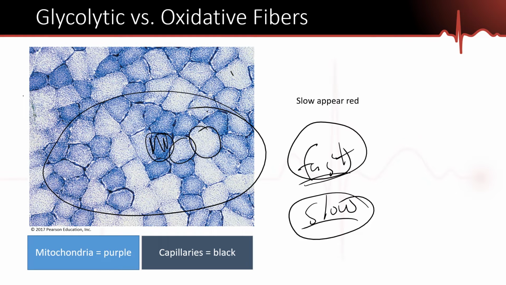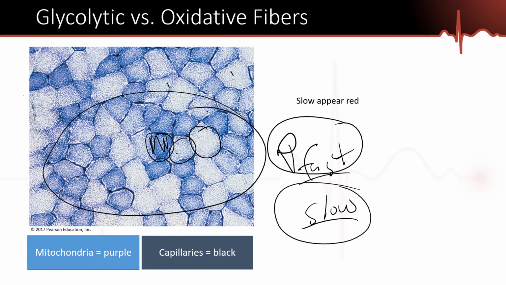And every whole muscle within your body is going to have some combination of fast and slow twitch muscle fibers. So for example, in postural muscles, like the soleus and some of the erector muscles, in every single person you'd find a higher percentage of slow twitch muscle fibers than fast twitch muscle fibers. That'd be true across the board. And then in other muscles, like the pectoralis major, you would find a higher quantity of fast twitch muscle fibers than slow twitch muscle fibers.